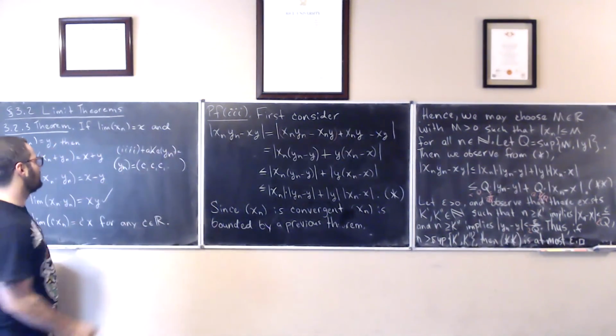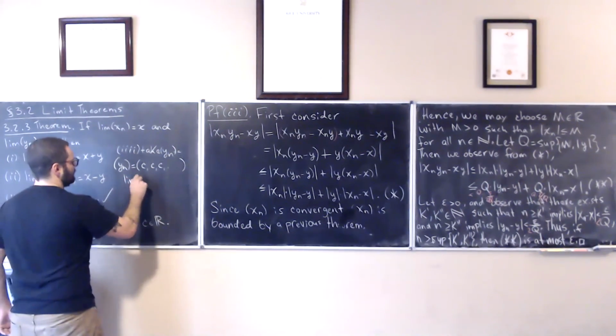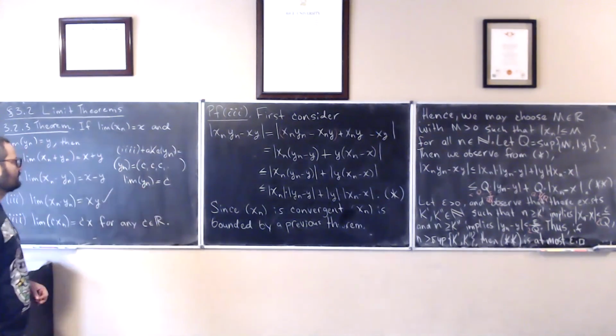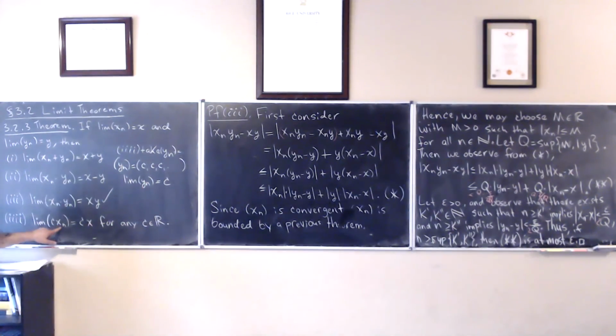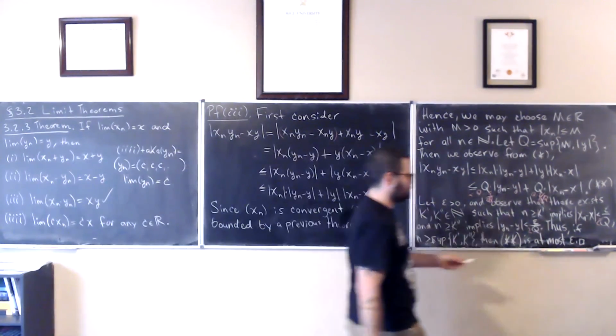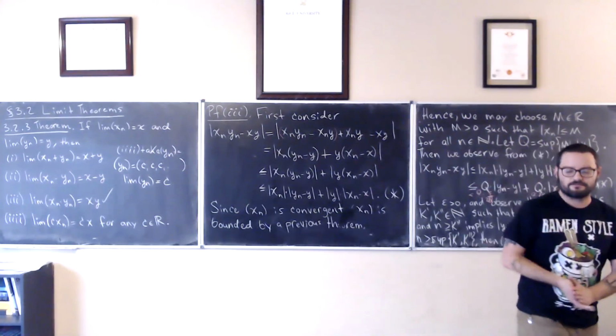So if yn is that, then the limit of yn is equal to c. So then yn times xn has limit equal to the product of the limits, which means the proof of 3 implies 4 if you just choose yn to be the constant sequence c.